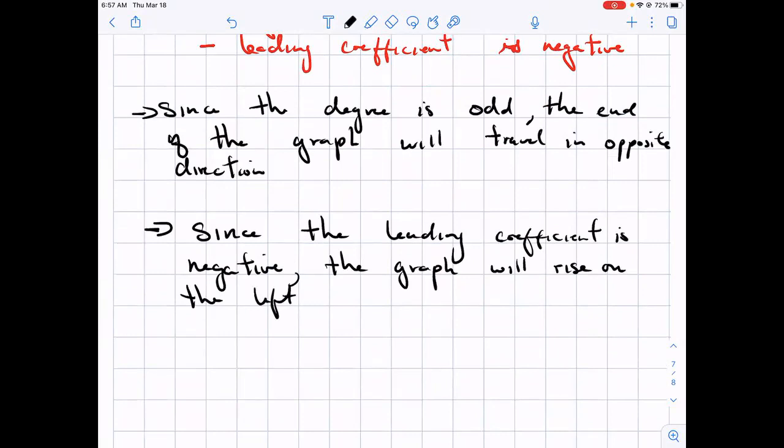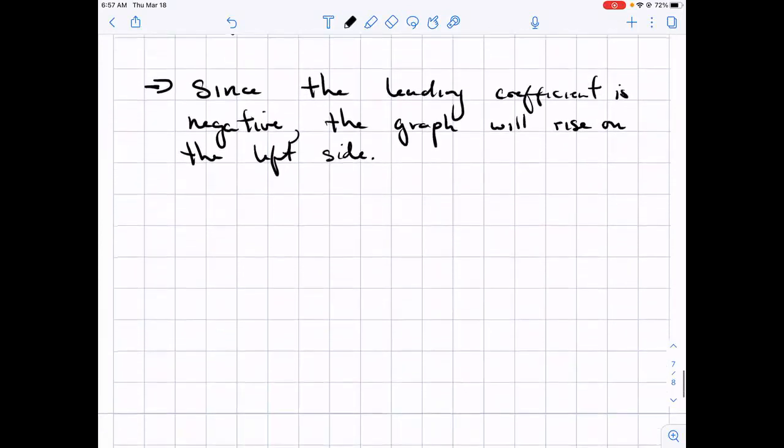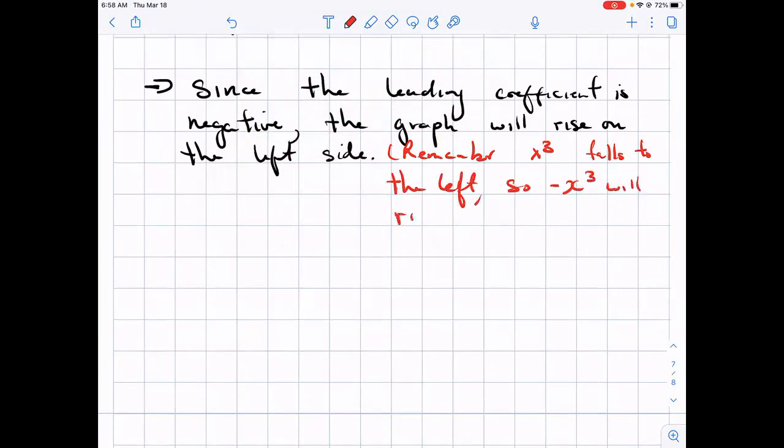How do I know this? You should remember that x cubed falls to the left, so minus x cubed will rise to the left.